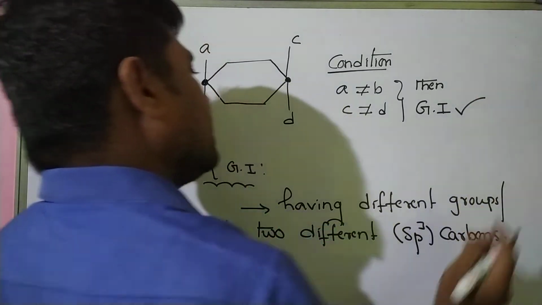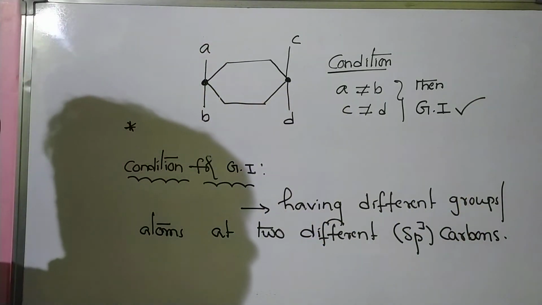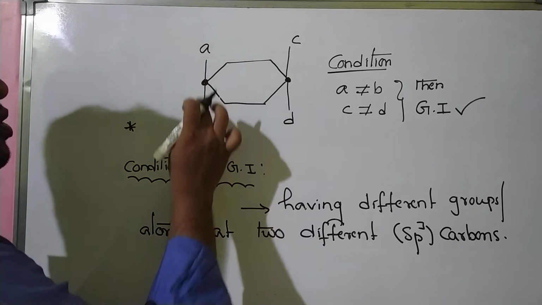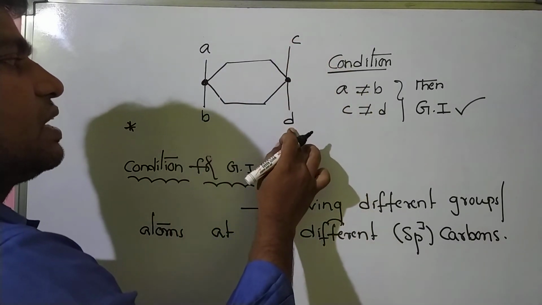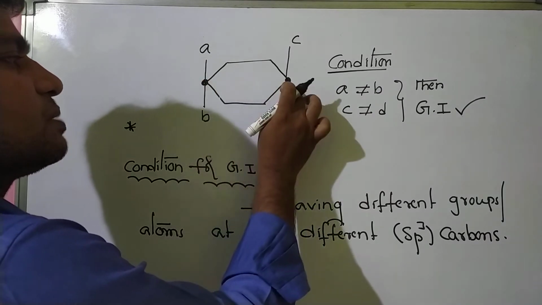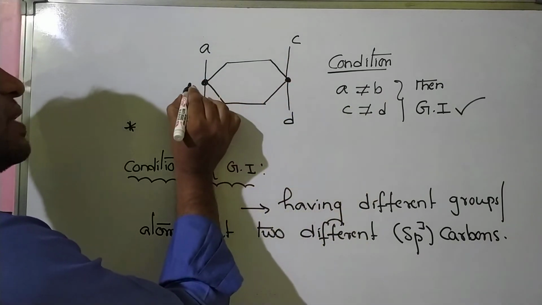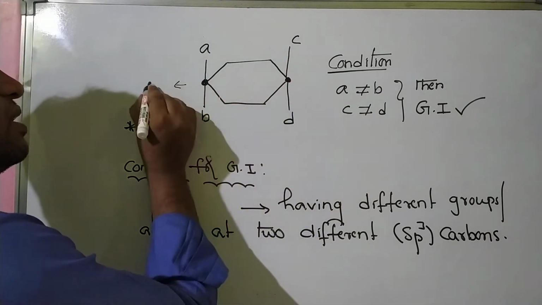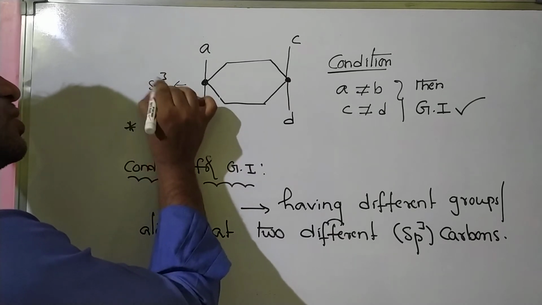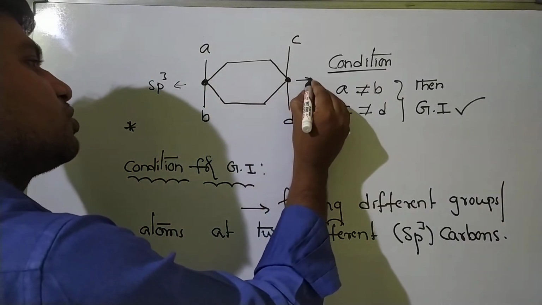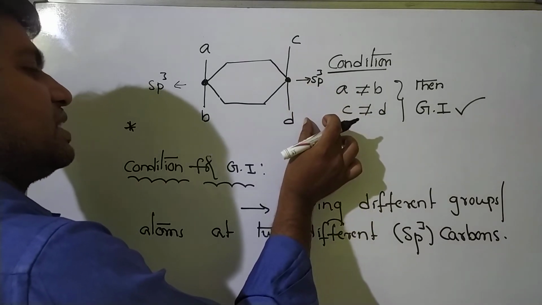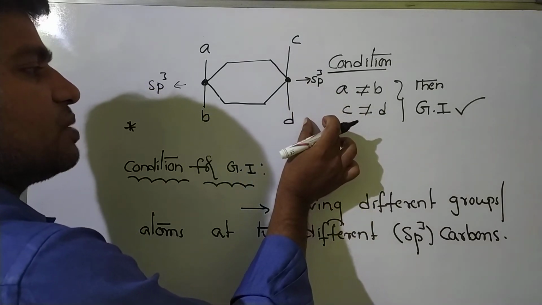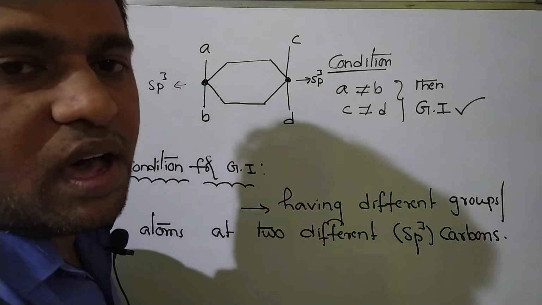Okay students, A and B groups must be different and C and D groups must be different, and these two carbons must be sp3. So this carbon atom is sp3 hybridized, and this carbon atom is also sp3 hybridized. This is the main requirement for geometrical isomerism in cycloalkanes.